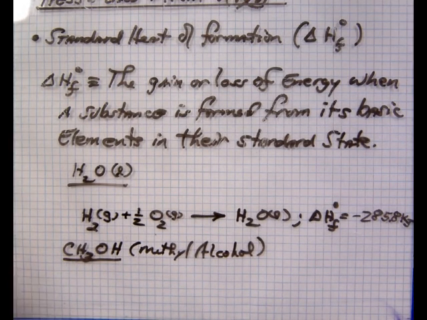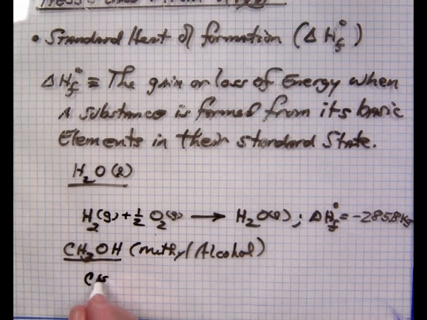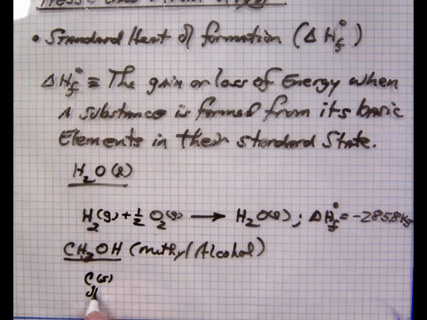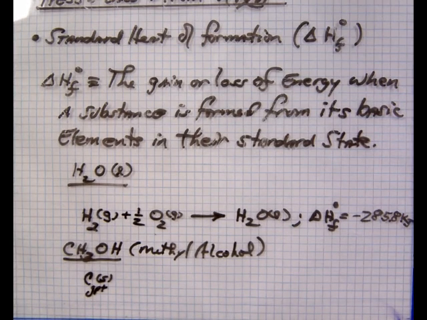So when we write the basic heat of formation equation for this compound, carbon is a solid and is graphite. You can look in the back of the thermodynamic table and find carbon by itself, and the one that has a 0 by it is the standard state.